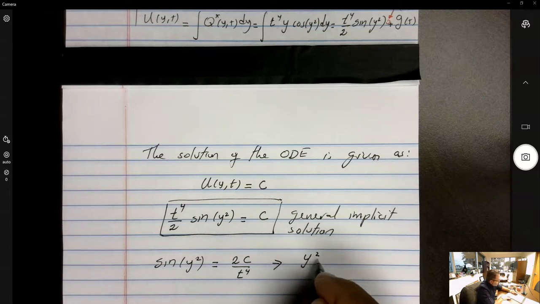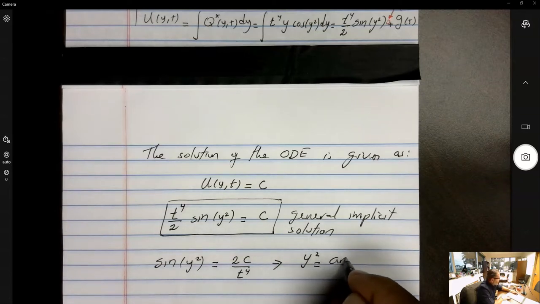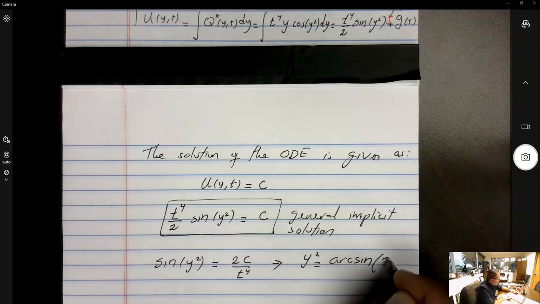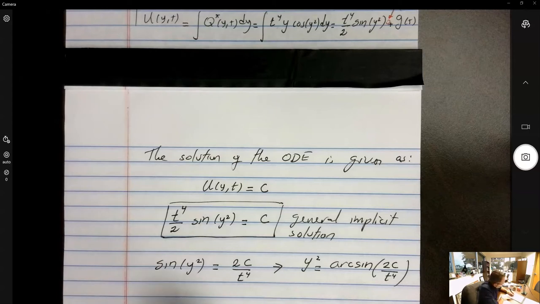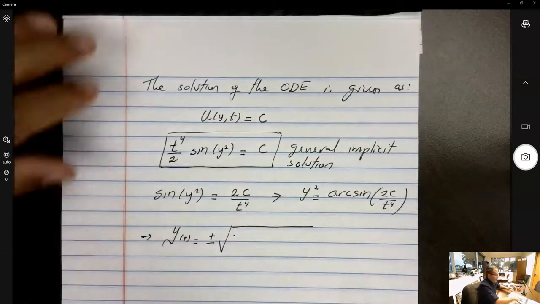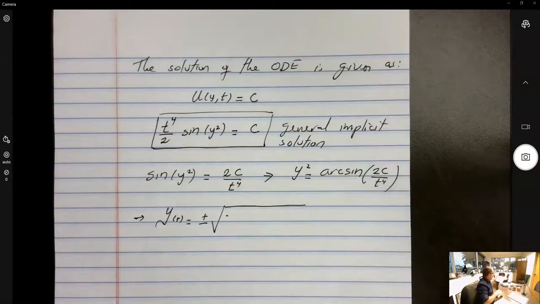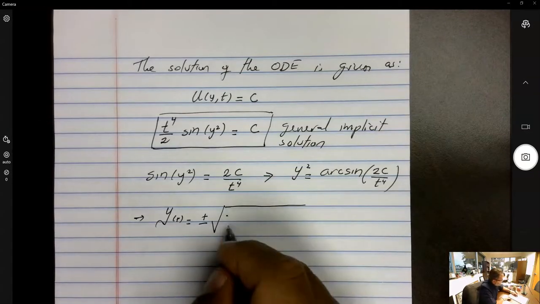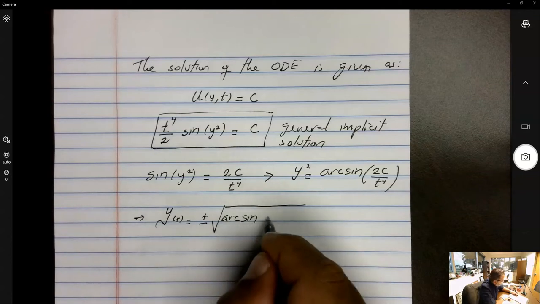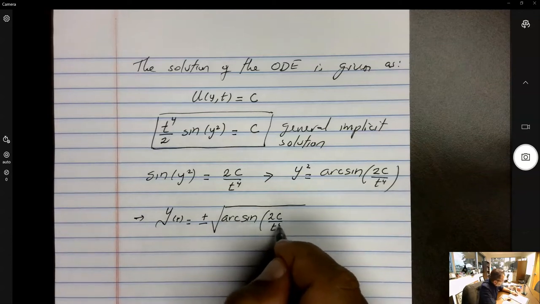That means that y squared is equal to the arc sine, or sine to the minus 1, same thing, of 2c over t to the 4th. It looks like y of t is equal to plus minus the square root of the arc sine of 2c over t to the 4th.